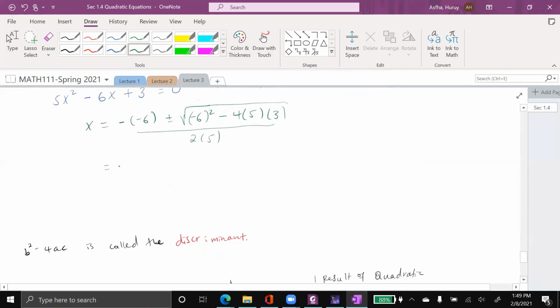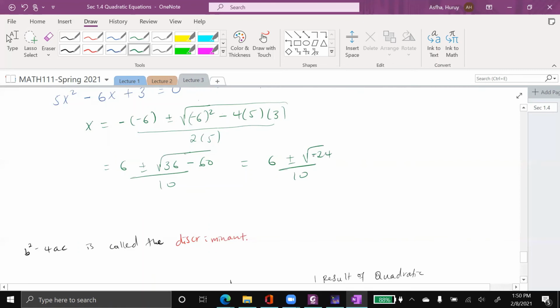All right, so this is 6 plus or minus, this is 36 minus, this is 2060 over 10. So we have 6 plus or minus, this is 24, -24 over 10.